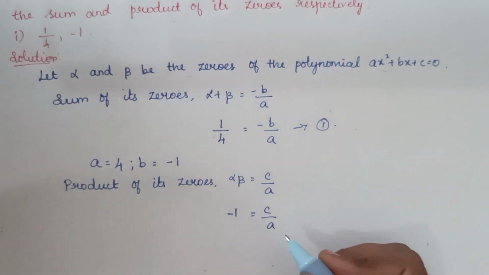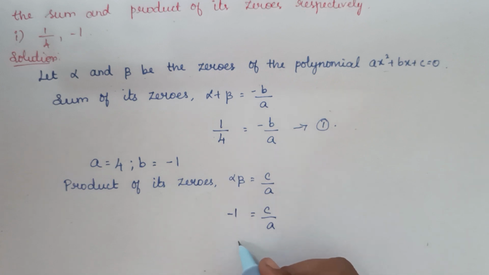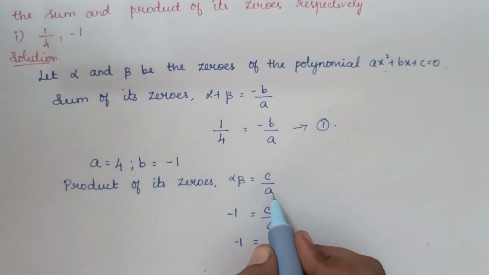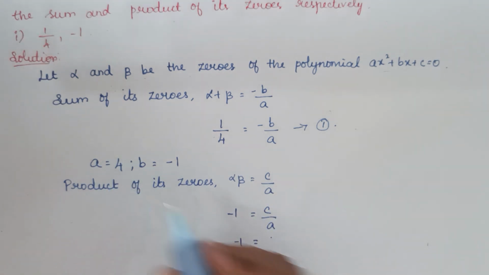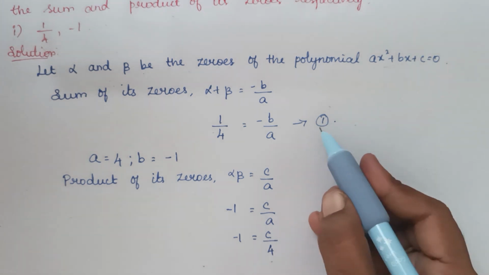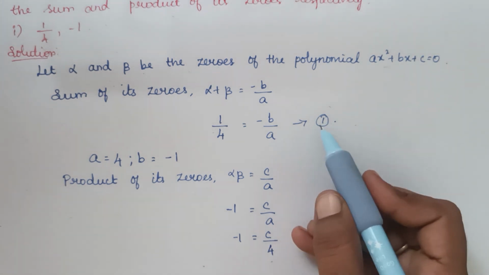We don't know the value of c, but we already know the value of a equal to 4 from equation 1. Now we can substitute a is equal to 4.